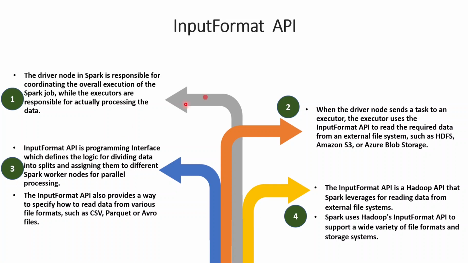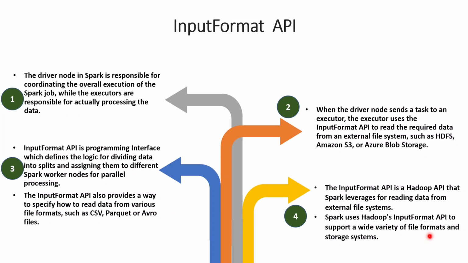This component gives provision to handle different file formats differently. And the input format API is an extension of the Hadoop API. Originally, it was created in the Hadoop platform, and currently it is leveraged for the Spark environment also. So Spark uses Hadoop's input format API to support a wide variety of file formats and storage systems.